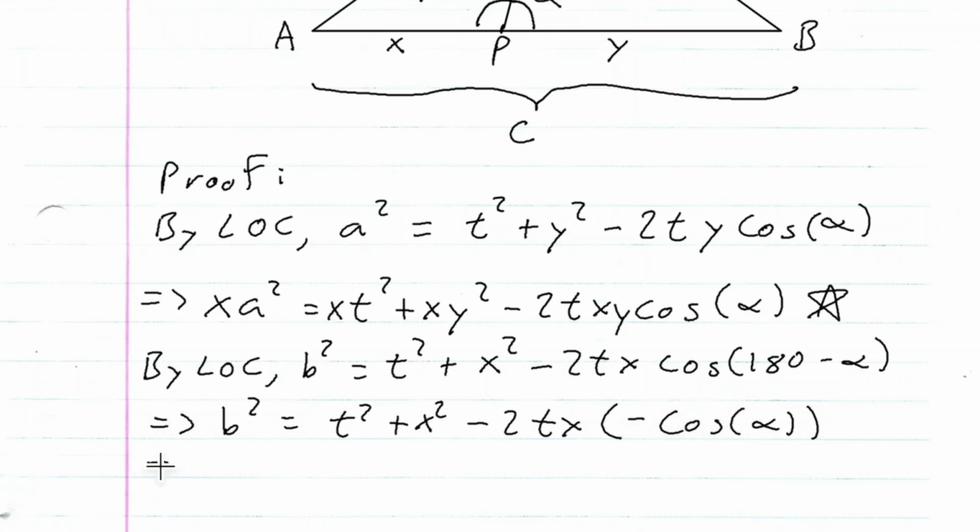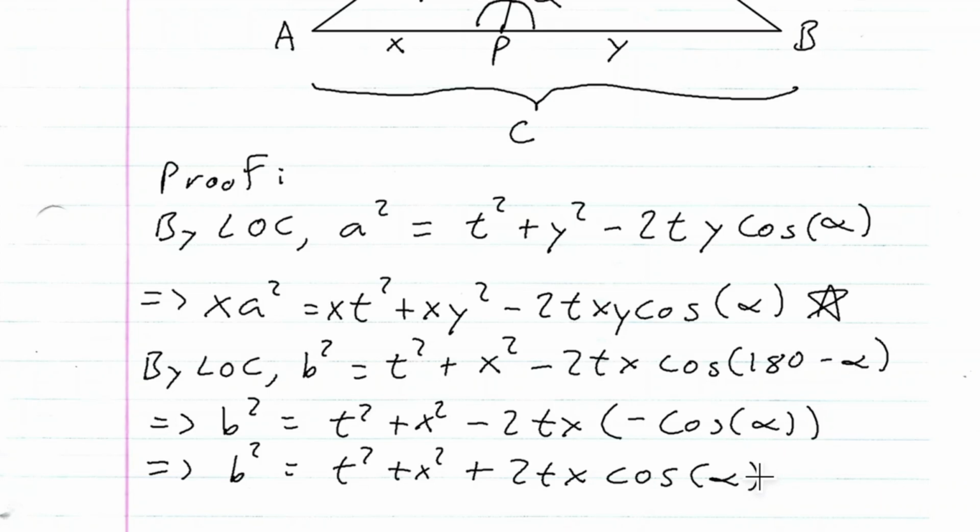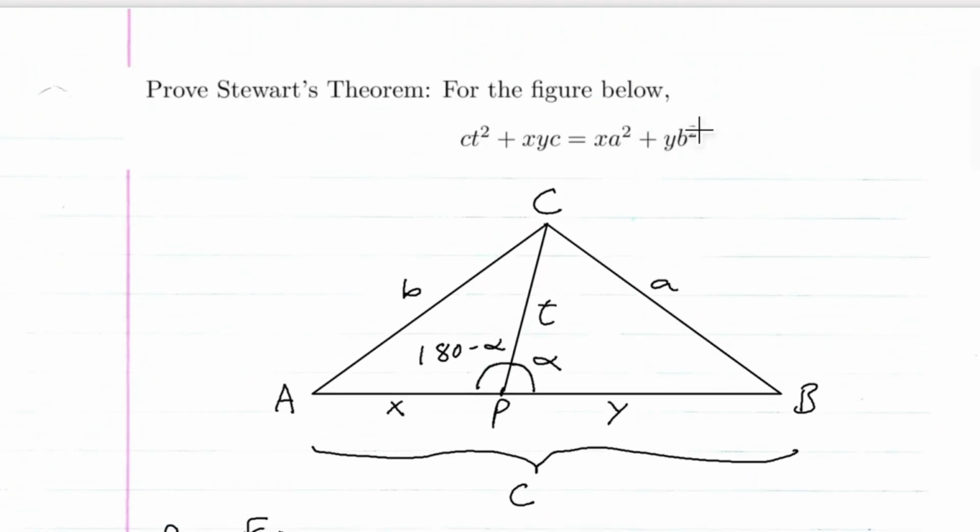So finally, this implies that b squared is equal to t squared plus x squared, and negative 2tx times negative cosine alpha will be positive 2tx cosine of alpha. Now, of course, remember I want to multiply that by y.